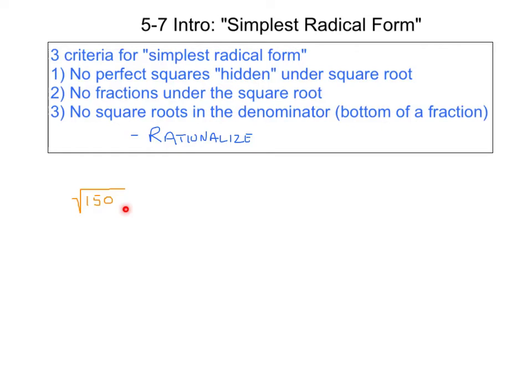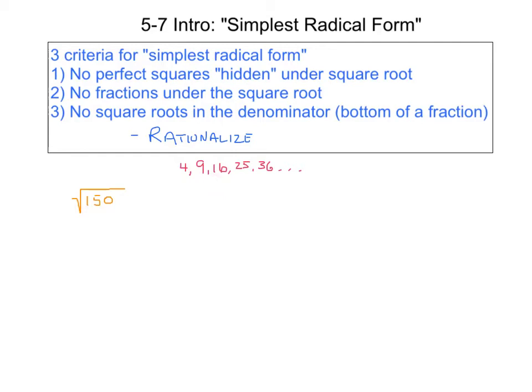Some of these perfect squares, as I listed before, are the numbers 4, 9, 16, 25, 36, etc. You are looking for any of these numbers inside the number 150, meaning that you can divide 150 by any of these numbers. So can you divide 150 by 4? No. How about 9? No. 16? No. But 25 you can.